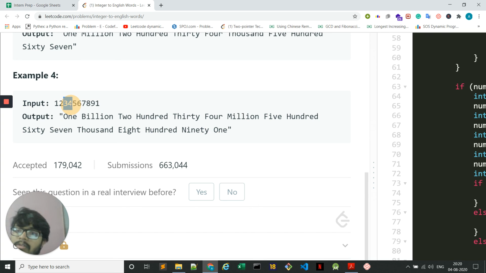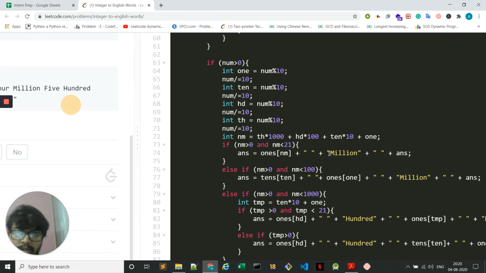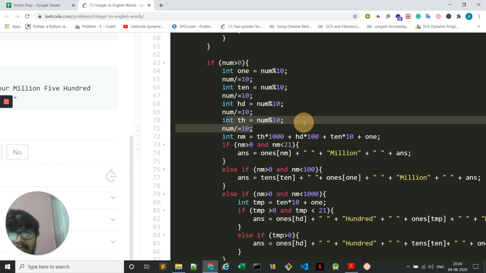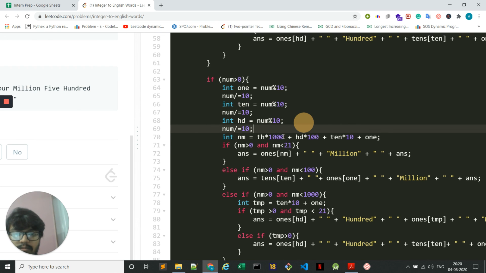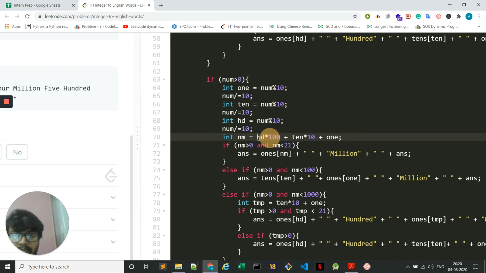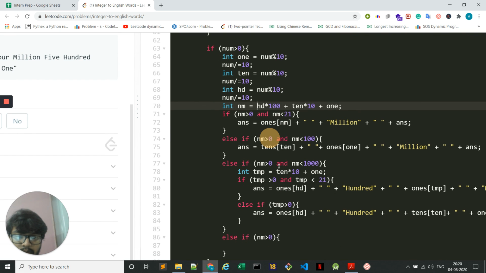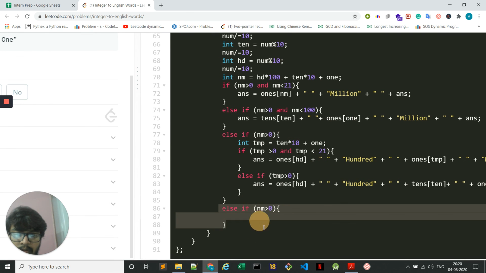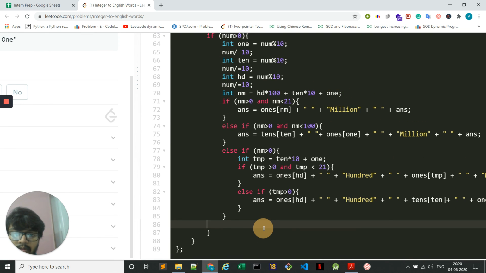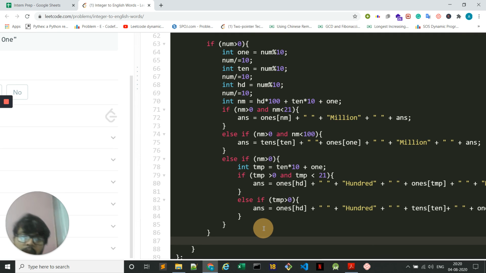So it is not like 1,234 million. It is 234 million only. So there is no th in this. Right, so this is the case, and I think this is not required now. So with this, I think we are done with the millions case as well.